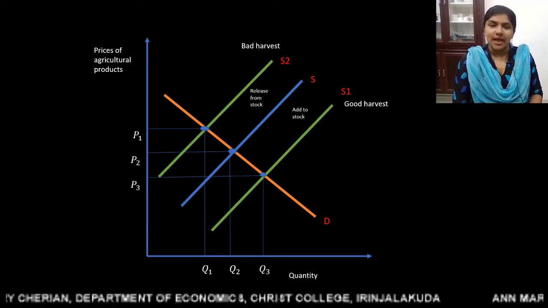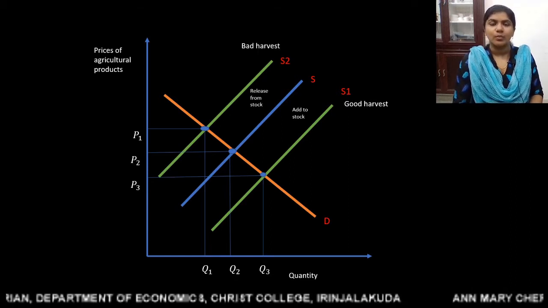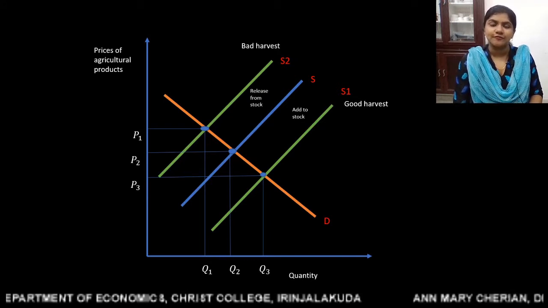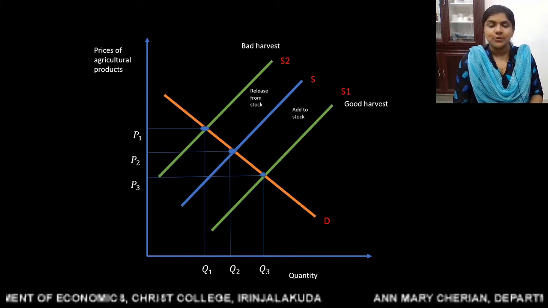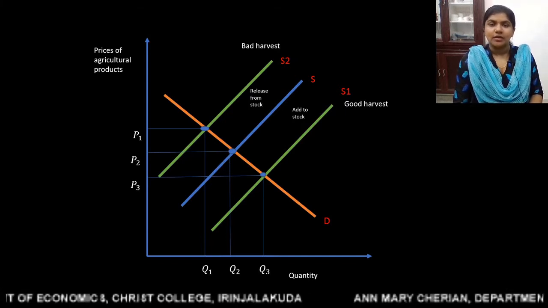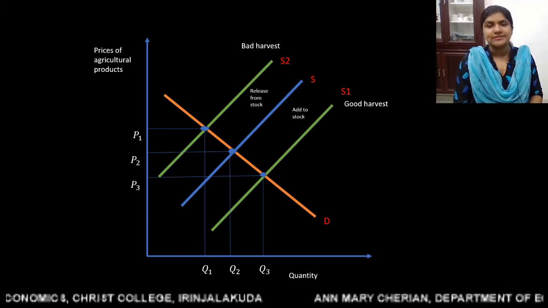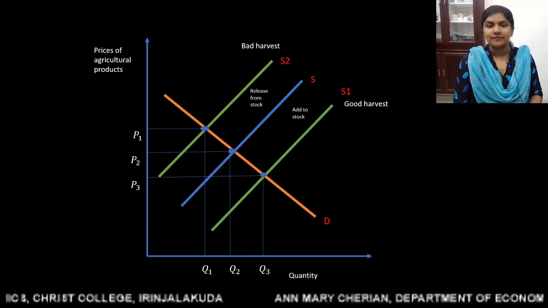Now let us imagine there is a good harvest in the economy. When there is good harvest, there will be excess supply of farm products in the market. So the market supply curve will shift from S to S1. So our new supply curve is S1.